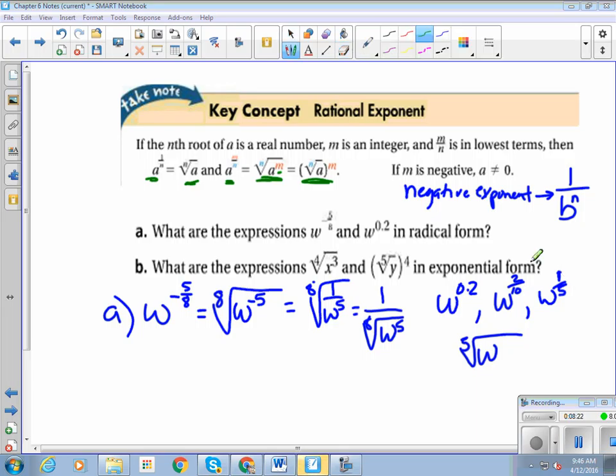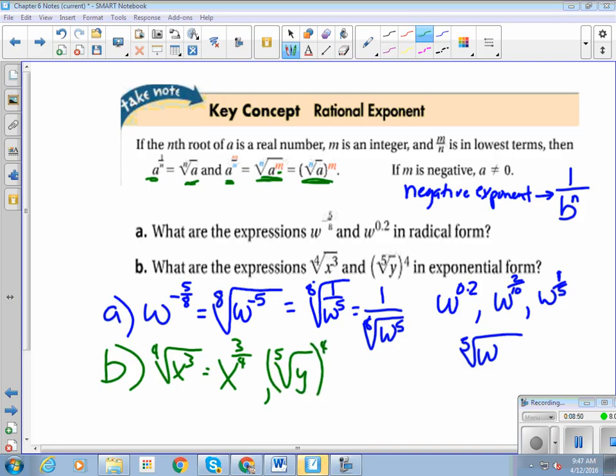All right, so let's look at B. What are the expressions 4th root of x cubed and 5th root y to the 4th power in exponential form? So 4th root of x cubed, our exponent goes in the numerator and our root goes in the denominator. 5th root of y to the 4th, same rules apply.